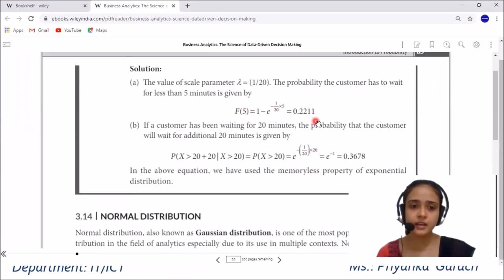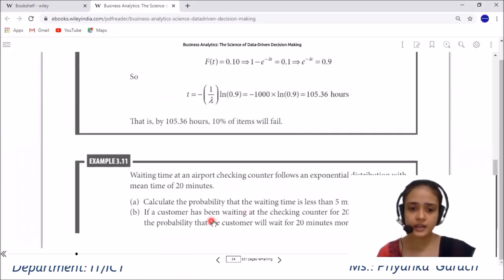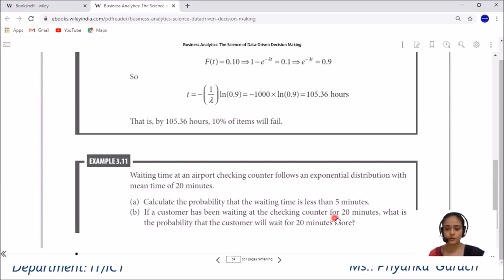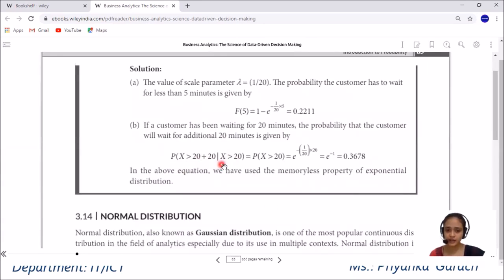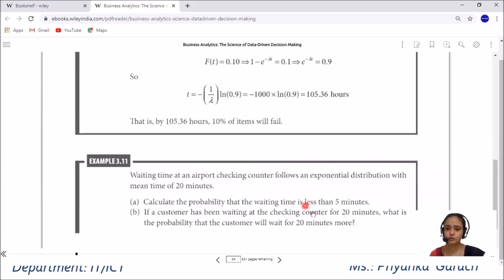The second question: if a customer has been waiting at a check-in counter for 20 minutes, then what is the probability that the customer will wait for 20 minutes more? It means the customer has already waited for 20 minutes, so x greater than 20 is the already occurred event, and you want to add 20 more.